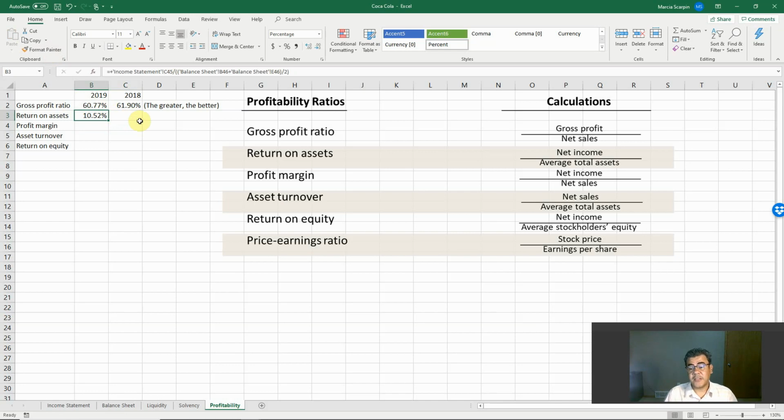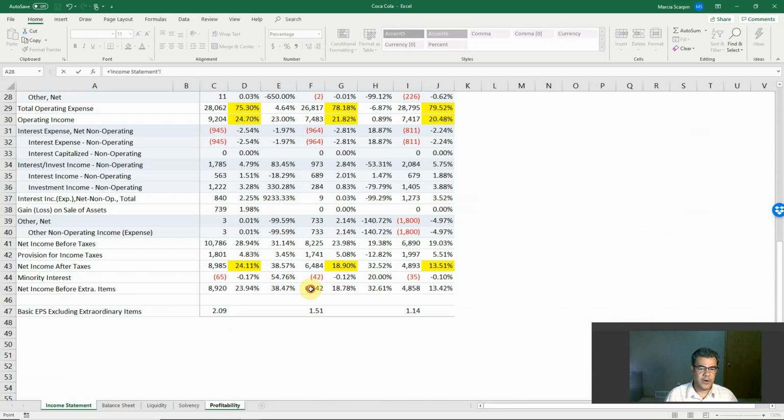10%, nice number. Usually number above 5, we can consider it a good number. And by the way, it doesn't matter if you are in the US or abroad or in any other country. The ratios, they are globally used. So we have the same ratios here. 2018, let's check if the number is better or worse.